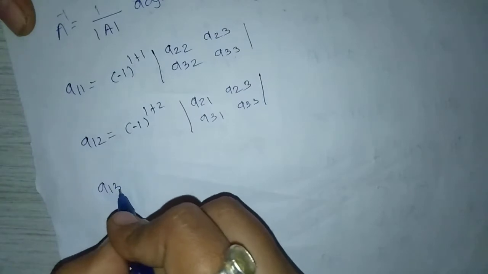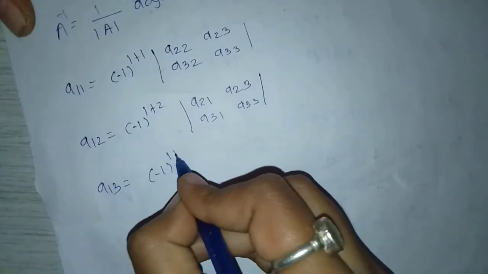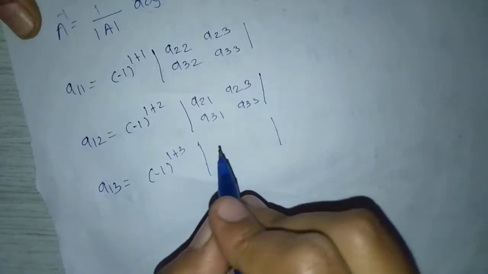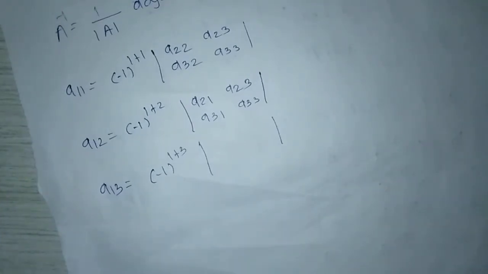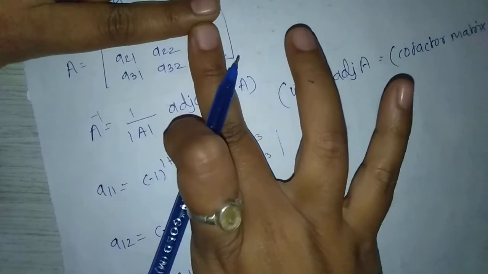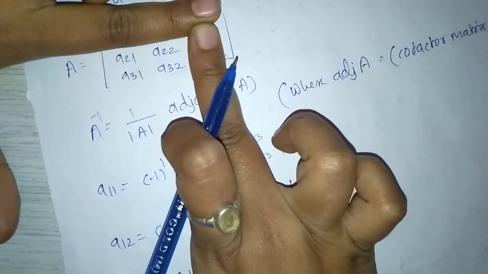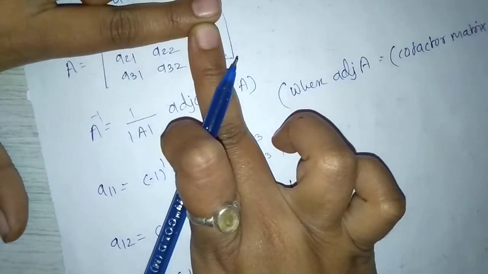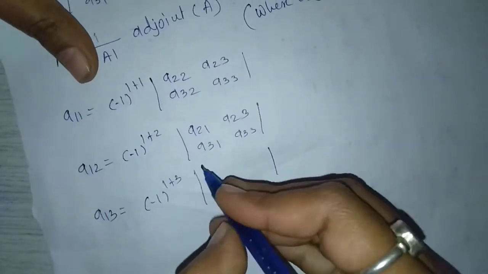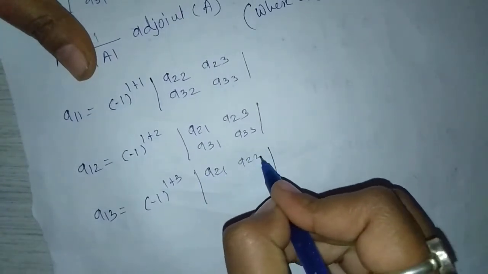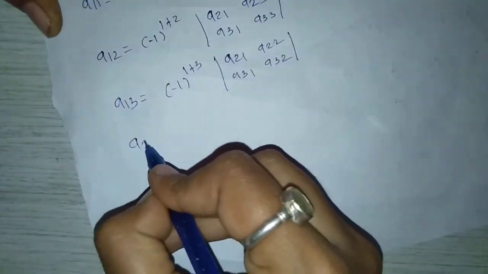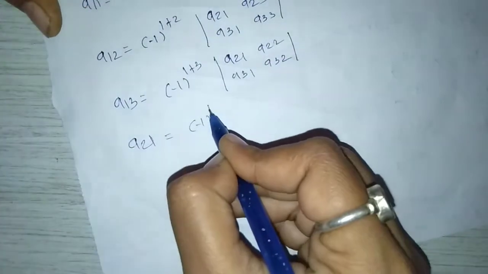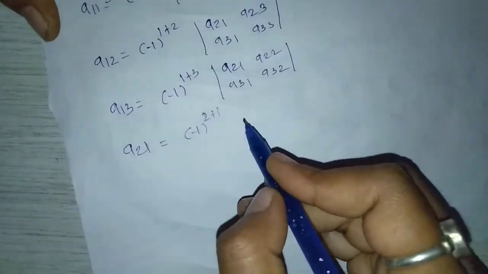Similarly for A13, (-1) raised to 1 plus 3. Now A13 lies in the first row and third column. Eliminate the first row and third column. The remaining entries will be A21, A22, A31, A32. The cofactor of A21 equals (-1) raised to 2 plus 1.